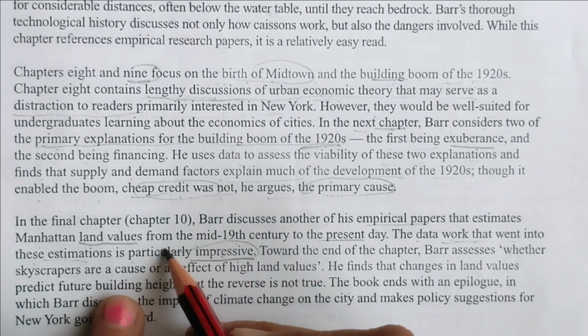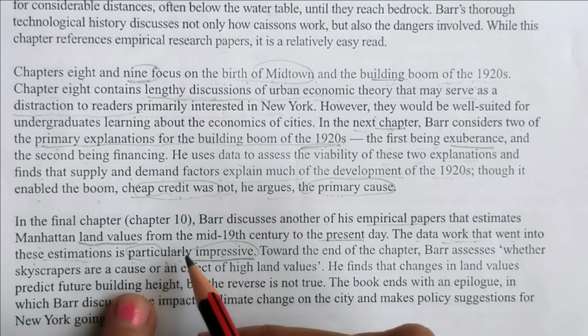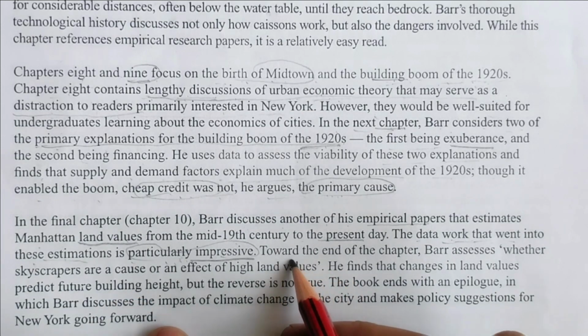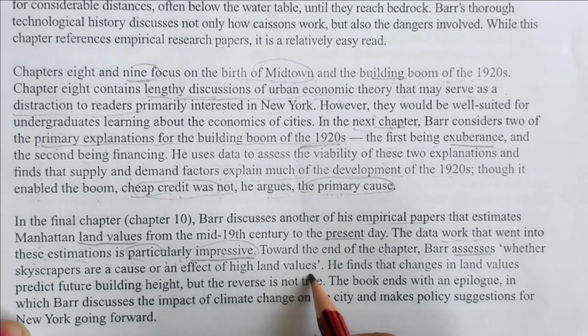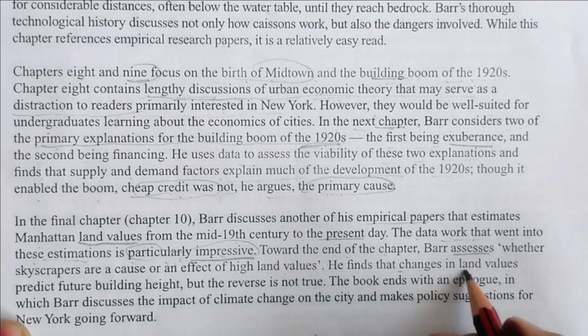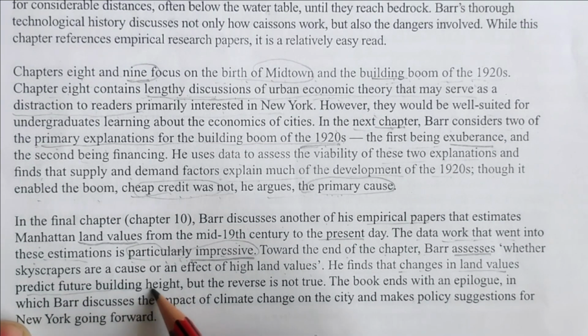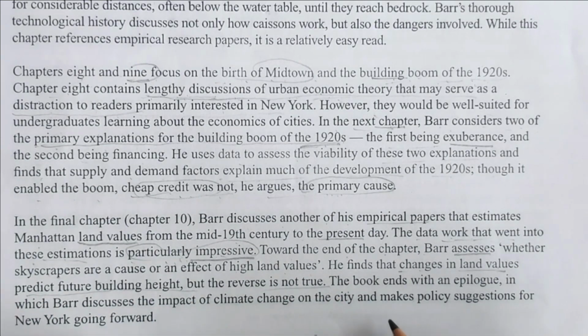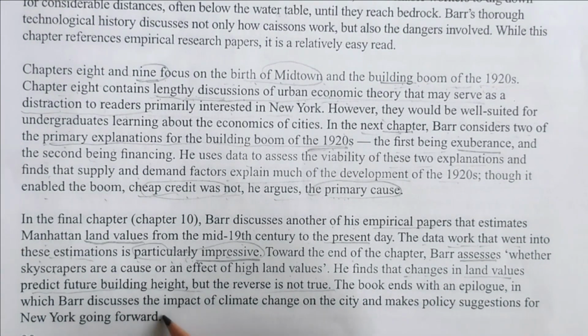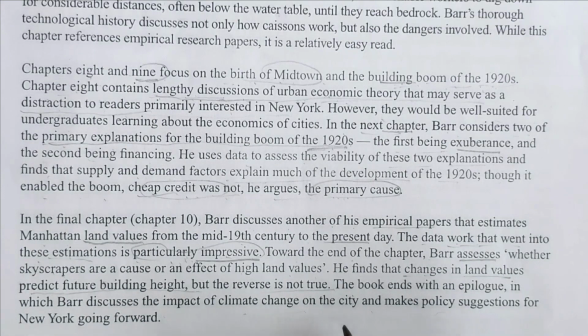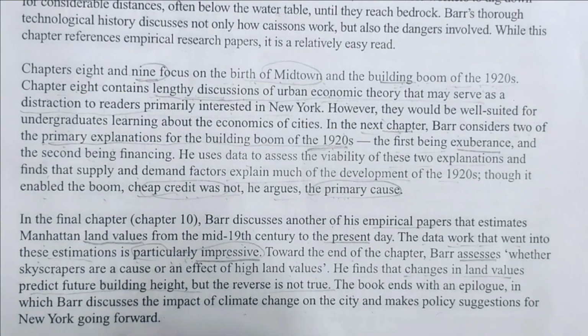Towards the end of the chapter, he assesses whether skyscrapers are a cause or an effect of high land values. He finds that changes in land values predict future building height, but the reverse is not true. The book ends with an epilogue in which Barr discusses the impact of climate change on the city and makes policy suggestions for New York going forward.